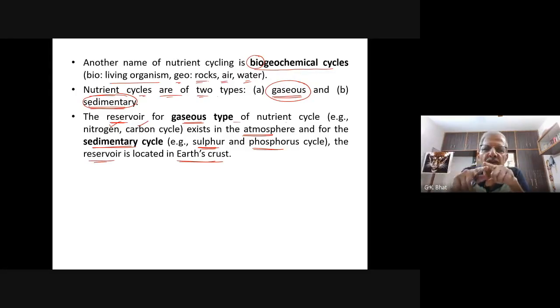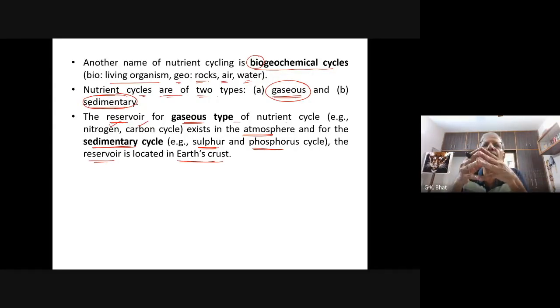So the nutrient cycle or biogeochemical cycle is of two types, based on where these nutrients are stored, from where they come to the bio, and where they go back from the bio.